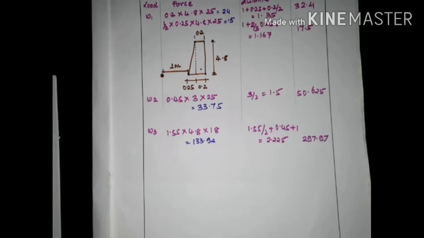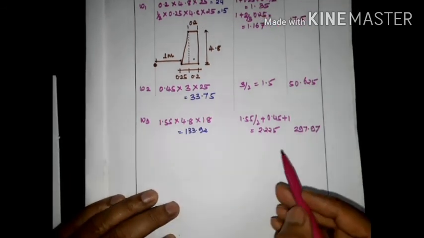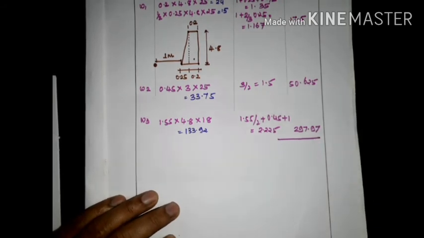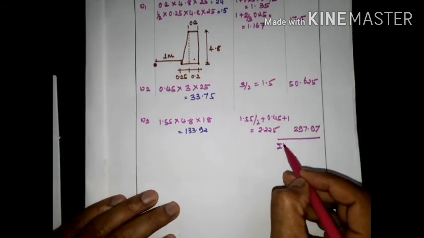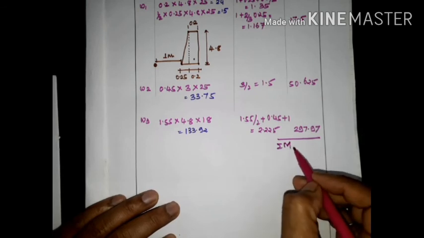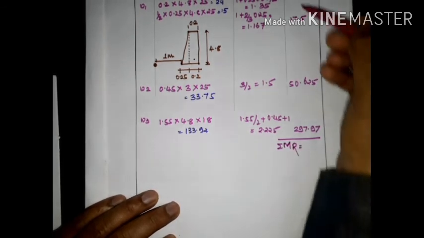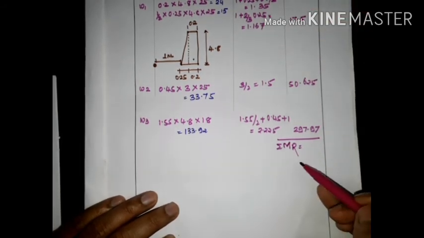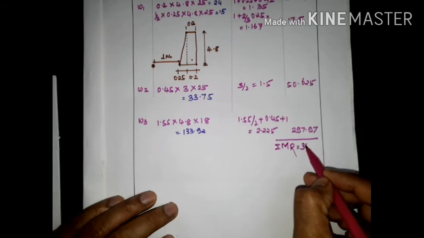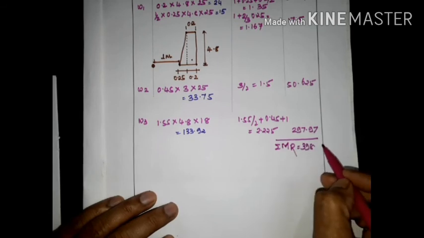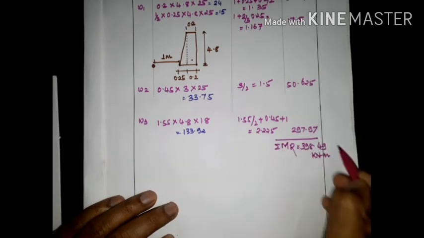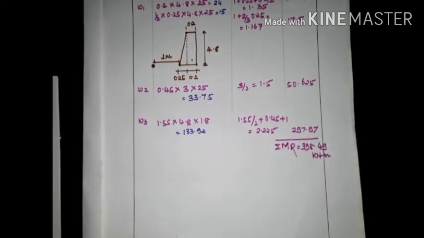So the total, you have to add the value of moment, and the summation of the moment we get as 398.49 kilonewton meter. This moment we call the moment of resistance.